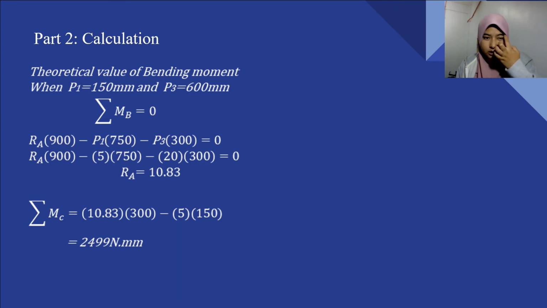To calculate the total moment at C, 10.83 Newton multiplied by 300, which is the distance until C, which is P2, minus the P1, because we want the distance only from P1 to P2, which is the moment that we need to calculate. We get 2,499 Newton millimeter.